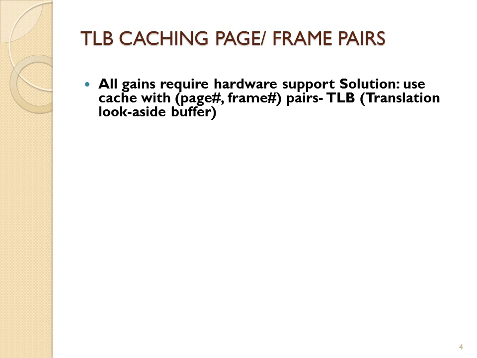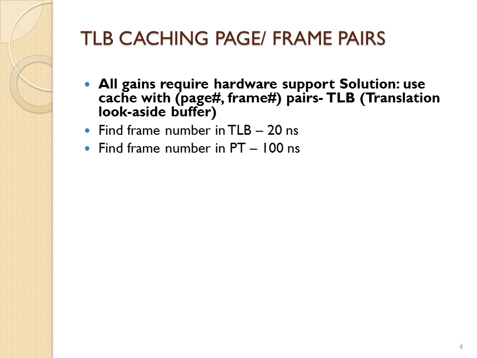There's a thing called a TLB, or a translation look-aside buffer, which is a cache where you cache page frame pairs. Now, like I said before, say you access memory and it takes 100 nanoseconds. But in reality, assuming there's no page fault and the page is in a frame, it will take 200 nanoseconds, because it will take 100 nanoseconds to check the page table and then another 100 nanoseconds to actually do your memory reference.